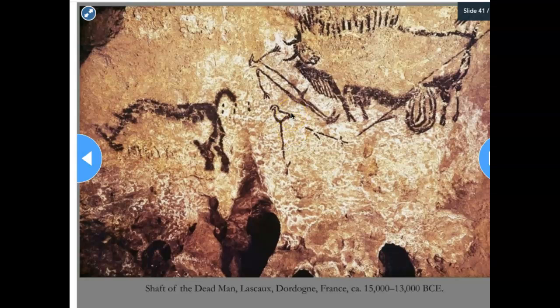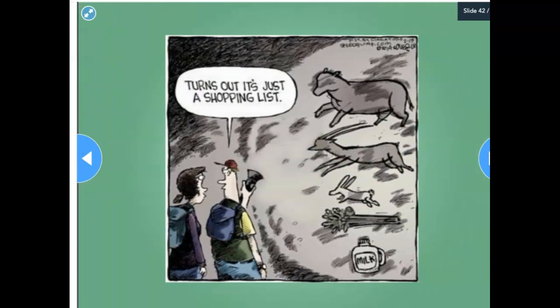And kind of this entire representation of something that would be like a hunting scene. So maybe the hunter would go into the cave and they'd stand before this and they would shake the rattle and they would blow their horn and they would believe that this would in fact take them out into the actual hunt to do well. But again, we don't know, right? We're guessing. Why? Because there's no recorded history.